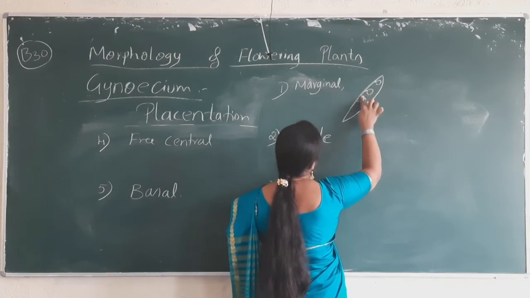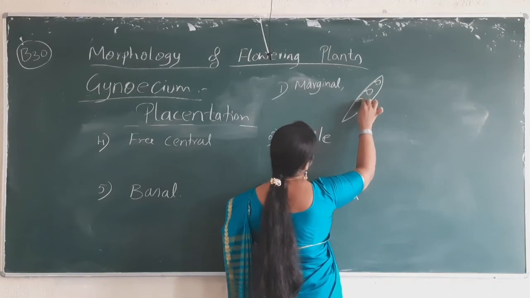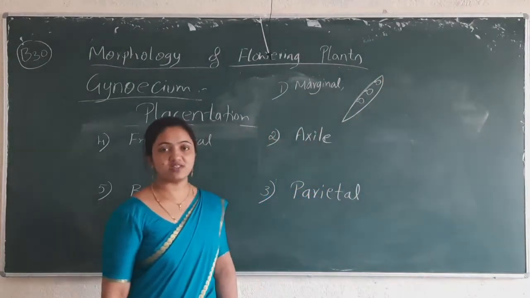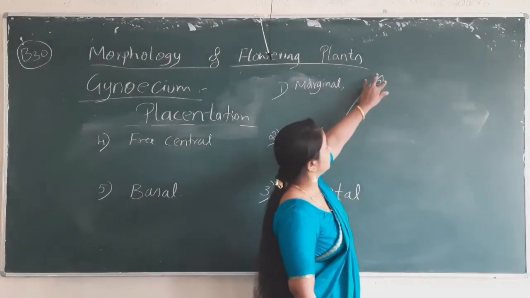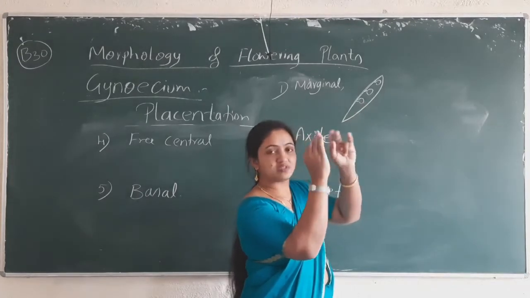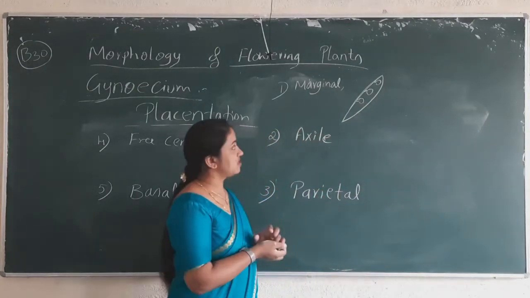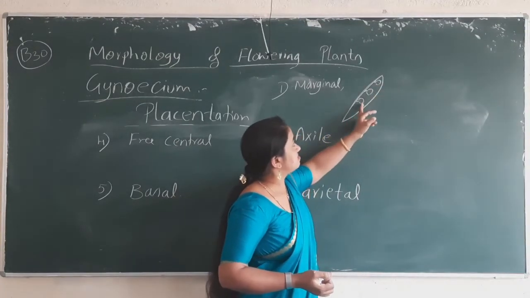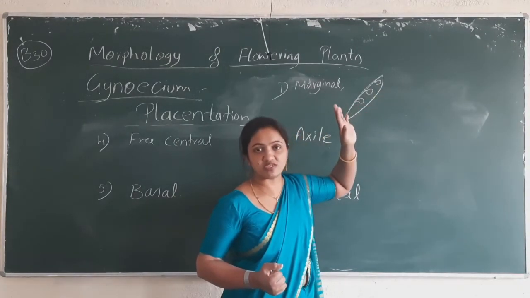Just go to the market, collect some peas and try to open the pod. Just open the outer envelopes. What do you find? You find 4 to 5 seeds.